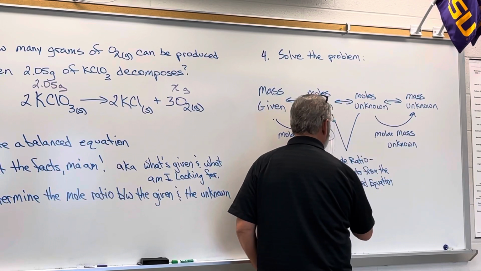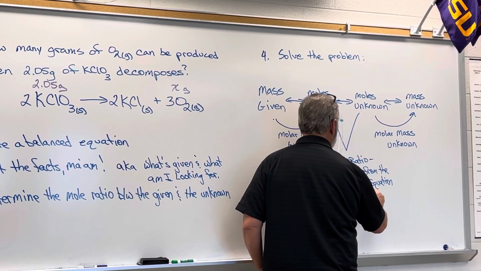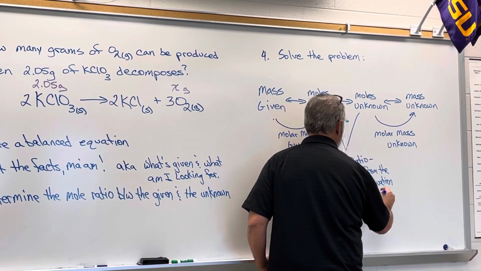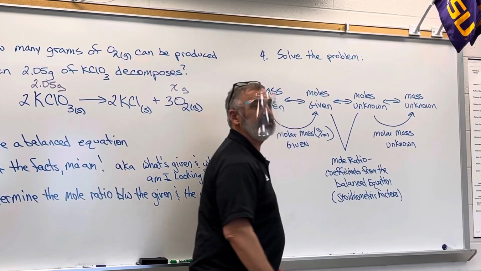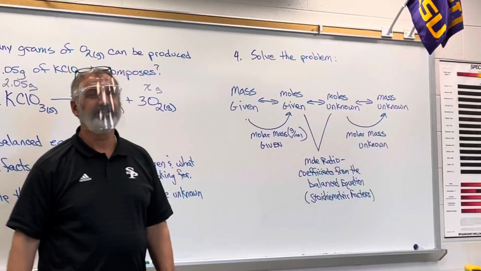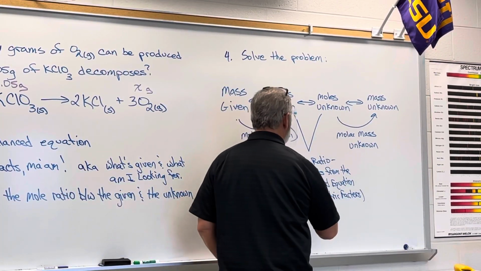Which I sometimes refer to, I kind of like the way it sounds, as the stoichiometric factors. Sounds so much better than coefficients. The stoichiometric factors. And it's always going to be unknown over known.